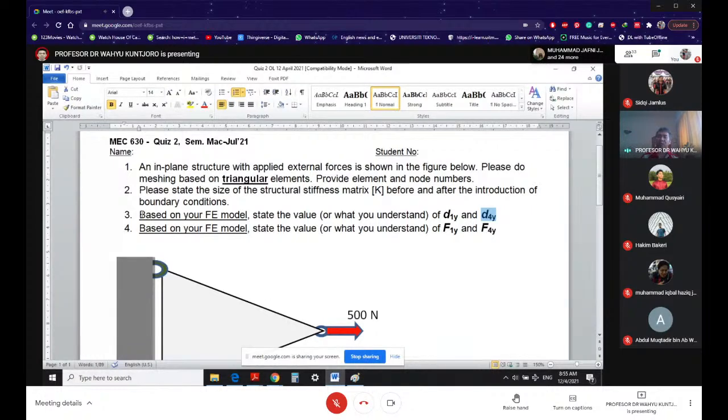I don't give you a finite element model. I will give you a structure, and then you make your own finite element model and answer the question based on your own model. And then, of course, that means the numbering is going to be your own numbering. Okay, next question.